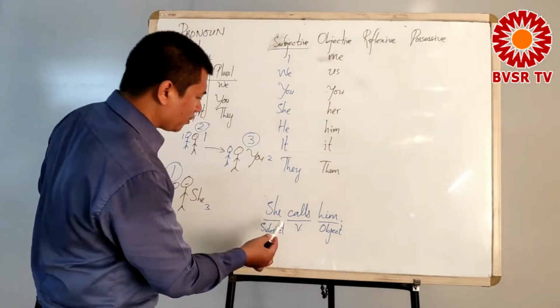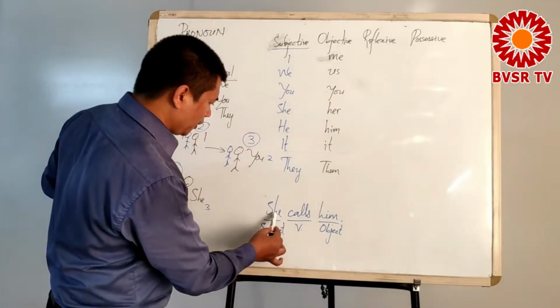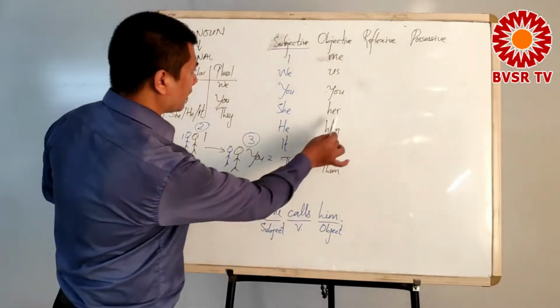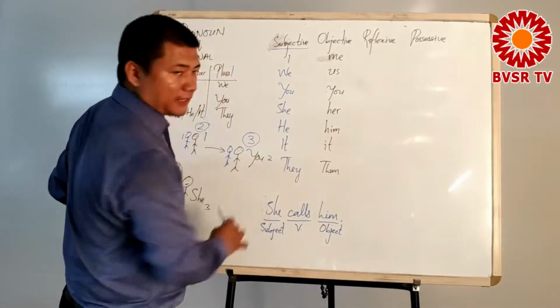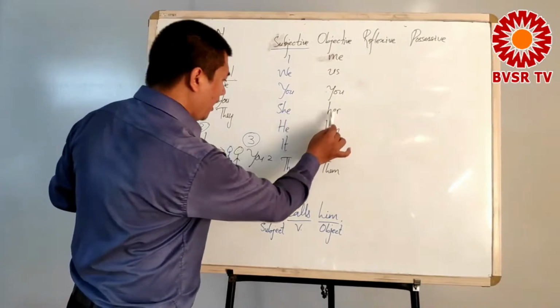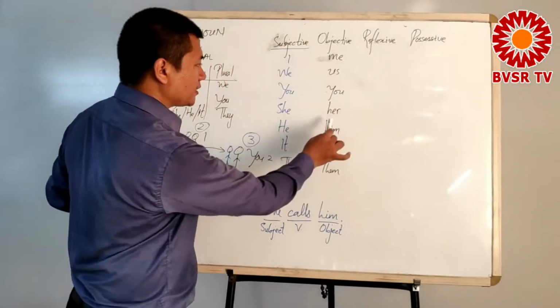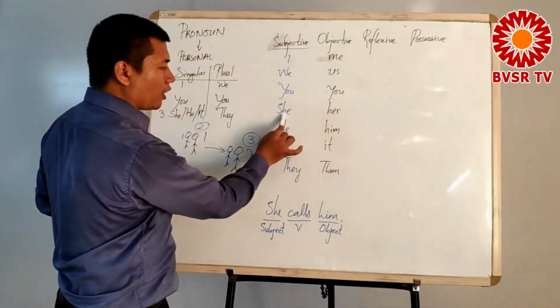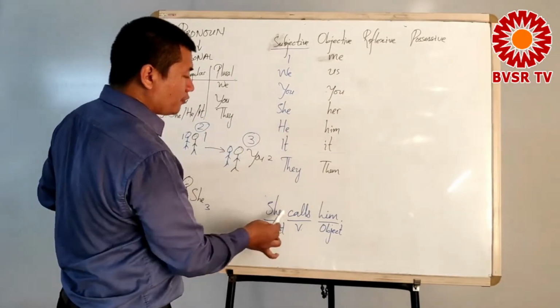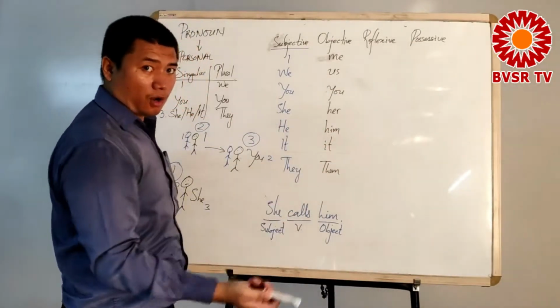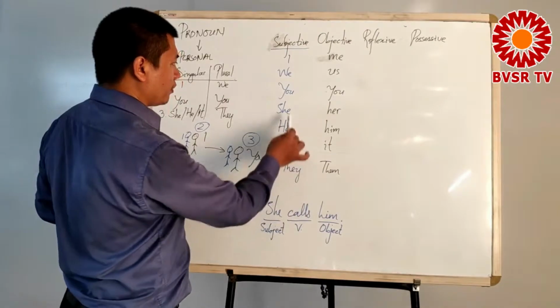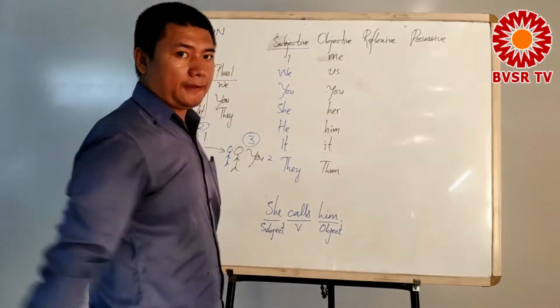For example, you cannot say her calls him, because her is actually an objective and not a subjective. Therefore, her calls him is wrong. You have to say she calls him.